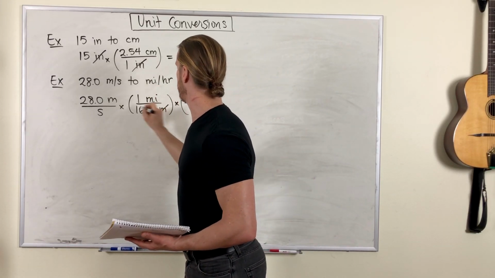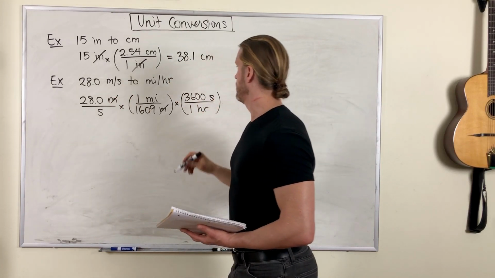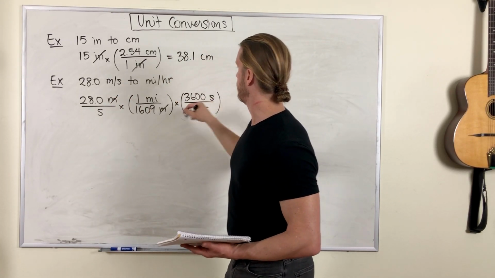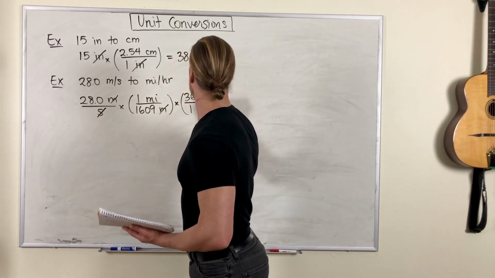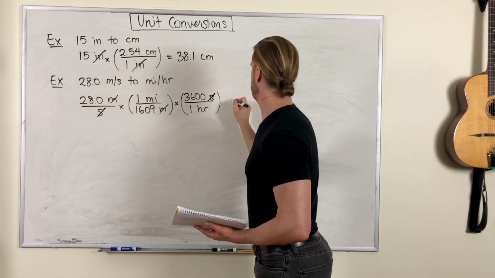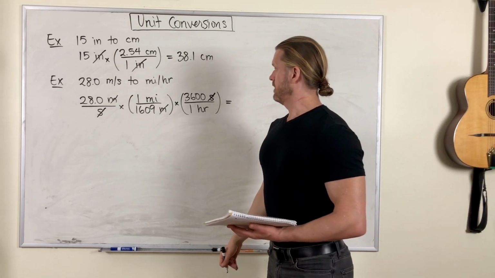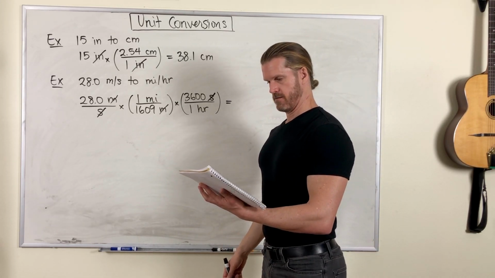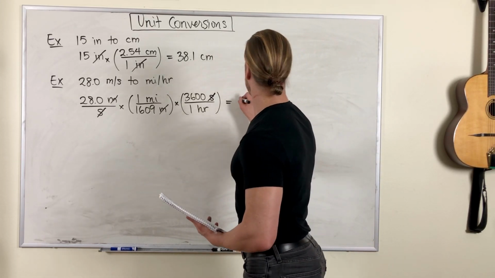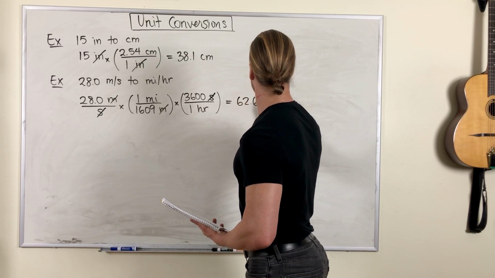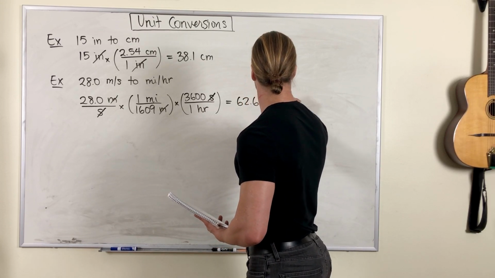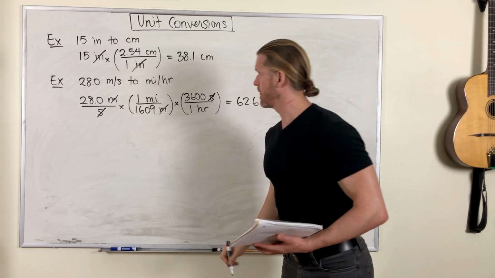So those meters need to go on the bottom so they cancel. Likewise, the seconds over here need to go on the top so they cancel with that seconds. So plug that into your calculator and you get 62.6 miles per hour.